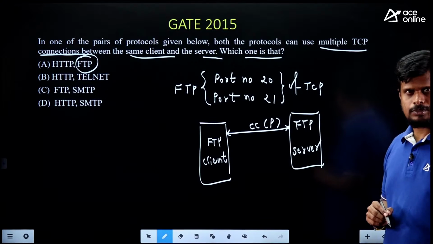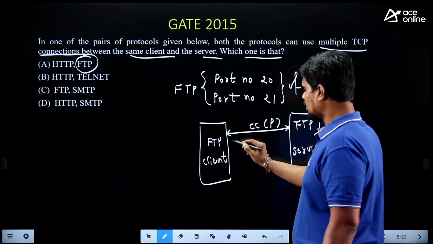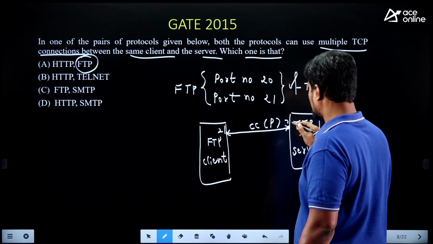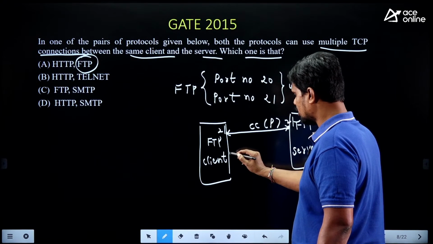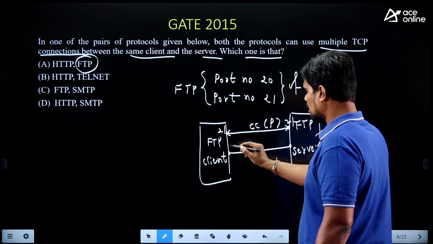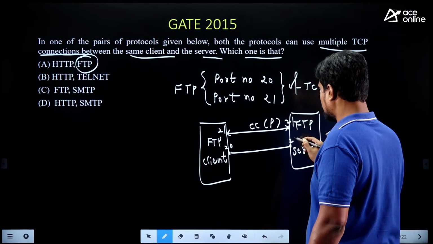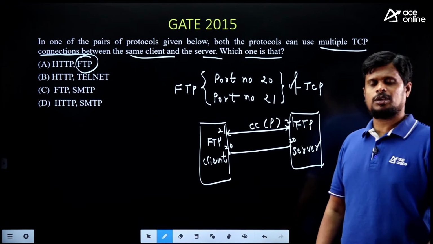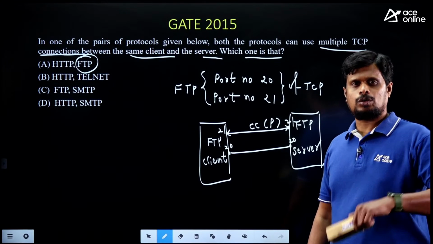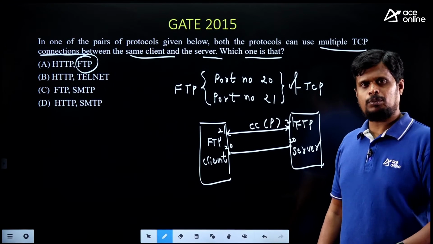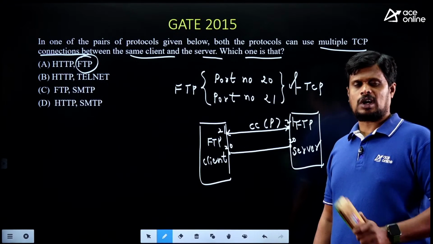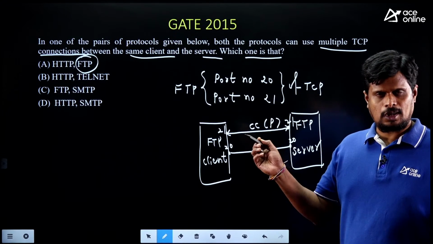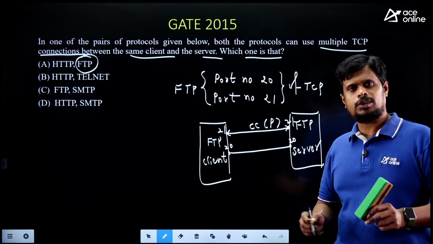This remains the same, but port number 20 is being switched on and off. Port number 20 gets opened and closed, opened and closed. It opens whenever you are about to start transmitting, and after transmission of the object, it gets closed.